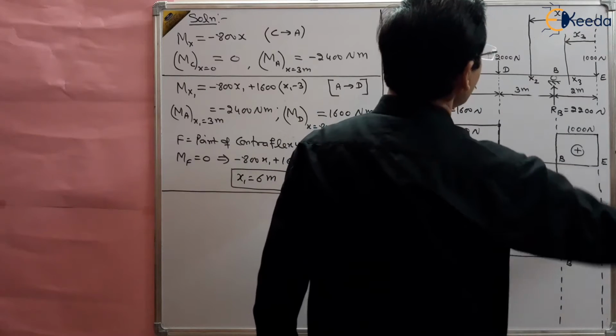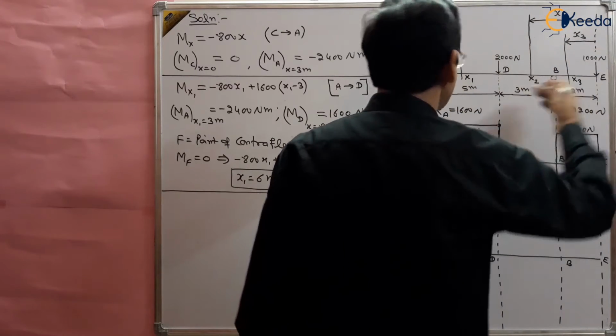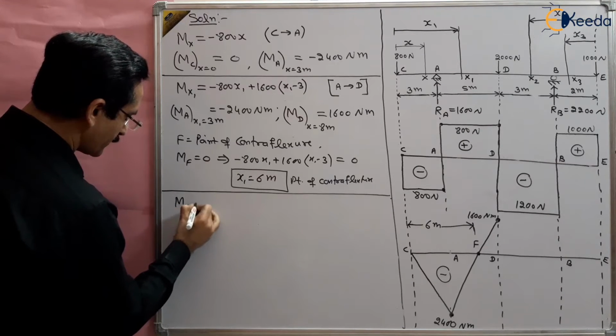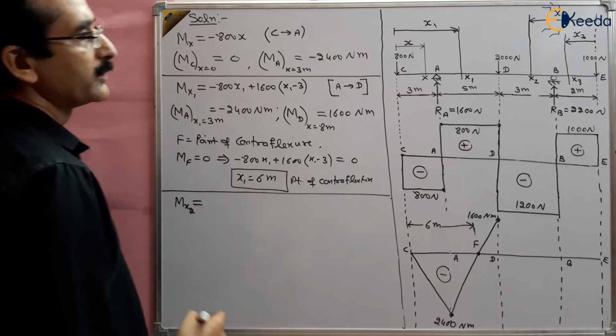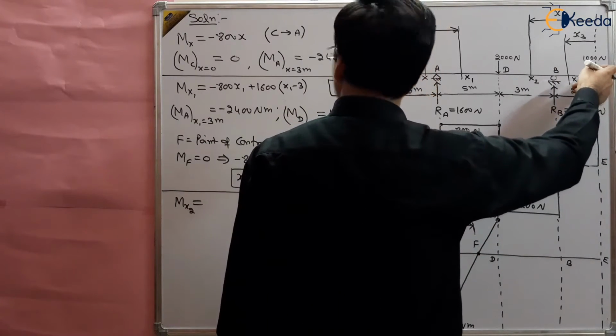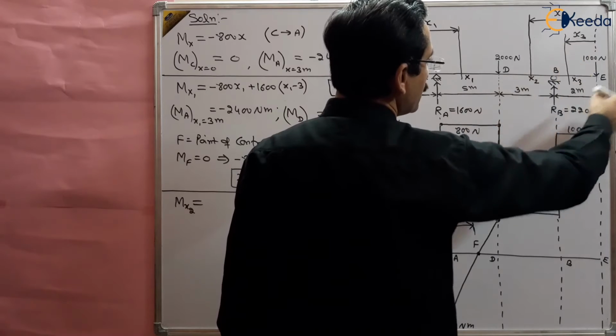Take the right section now, x2, from E. Mx2 will be equal to the moment of all the forces. There are two forces: one is 1000 and another is 2200.